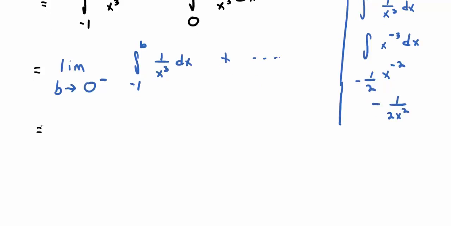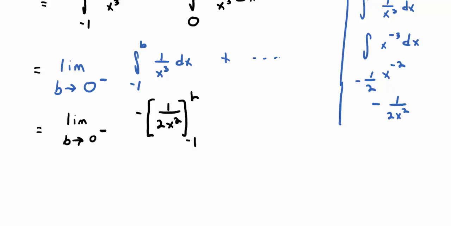So this becomes the limit as b goes to 0 from the left of the antiderivative, -1 over 2x squared. I'm going to write the negative on the outside, evaluated from -1 to b. Do you believe that? No issues there? I don't know why I switched to black. I'm going to switch back to blue.